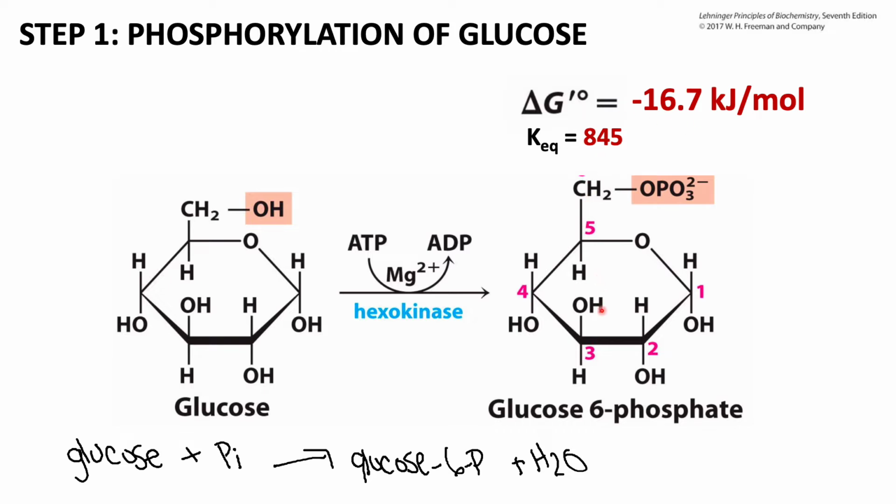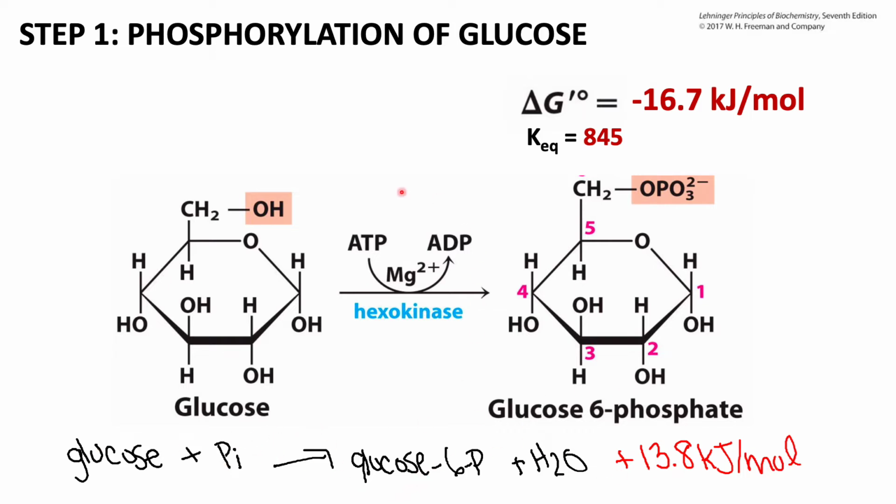It would actually be endergonic, and the value is plus 13.8 kilojoules per mole. So if we look at the conversion of just glucose plus phosphate to glucose 6-phosphate, it's endergonic.